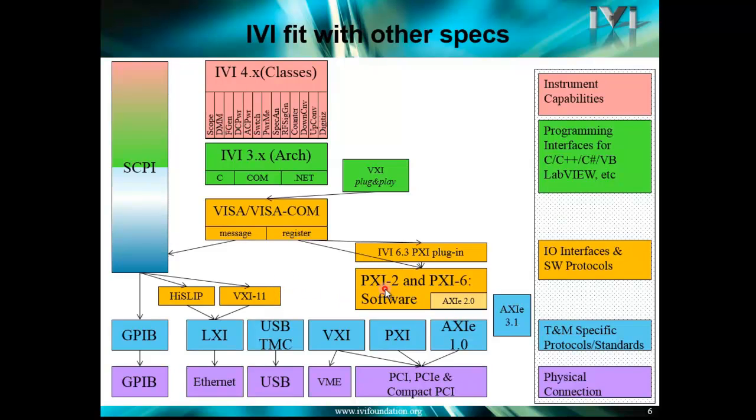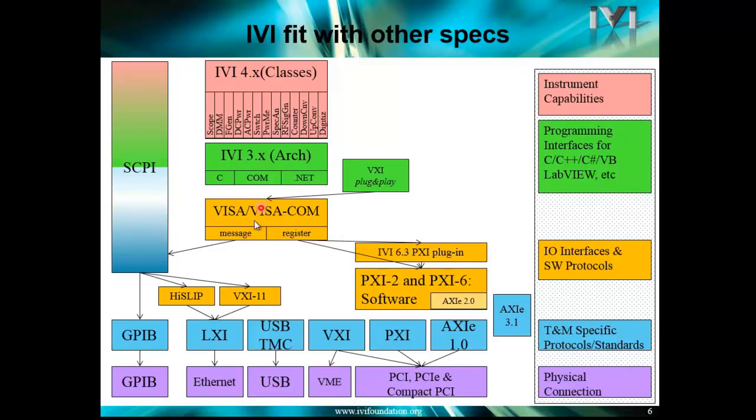And things like the PXI-2 and PXI-6 software specifications, which are really part of PXI, provide some of that software layer on top that really delivers the basic communication that's needed to build more on top of it.